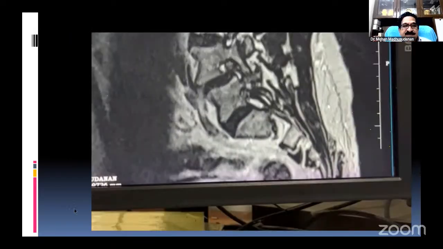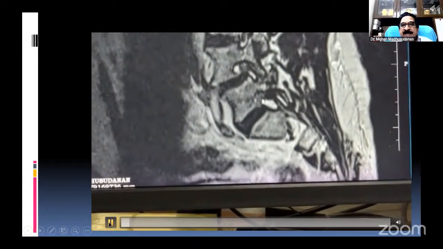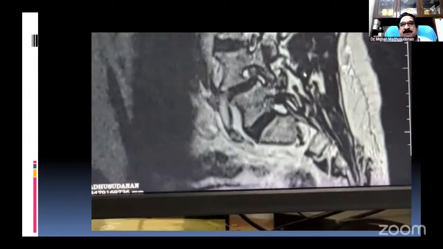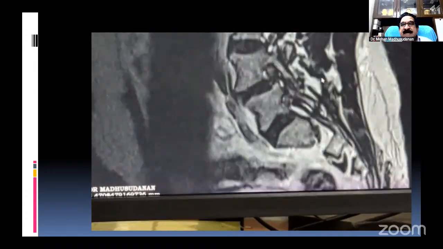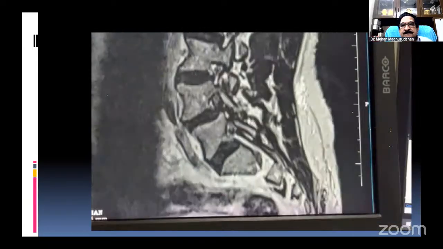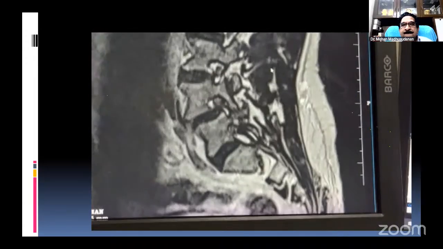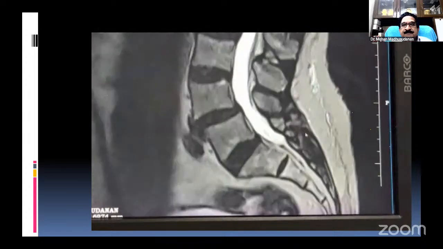Now, look at this picture of the patient. This is what he has shown me. That is the affected root, which the arrow shows. The root above is normal. That one was thickened, and there is no fat above that root. That is a compromised root.